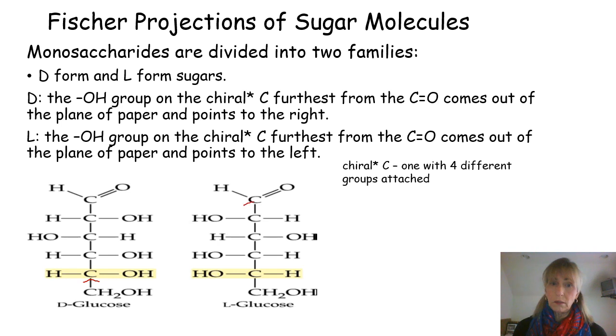Here's our carbonyl, and we're looking at this particular one right there. Notice which way our OH is. It's to the left, so it's the L. This one is to the right, so it is D. Again, it's the D form that we usually find in nature. So that's what L and D mean.